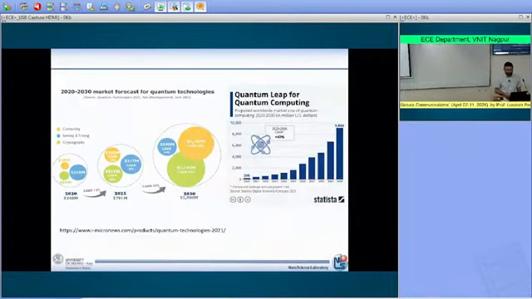Since there is such a large interest in developing this technology, business has also been developed based on quantum technology. Here is the forecast of the market increase of the quantum technology related market, and what you see is that the forecast percentage increase is extremely significant. 30% is even larger than the predicted increase of India at this time.